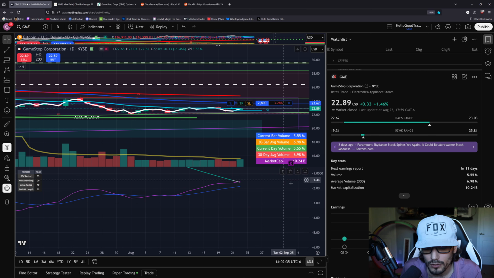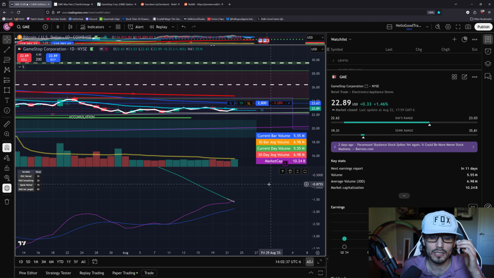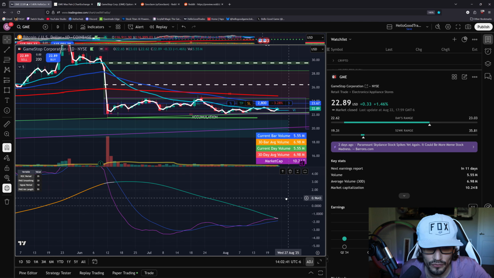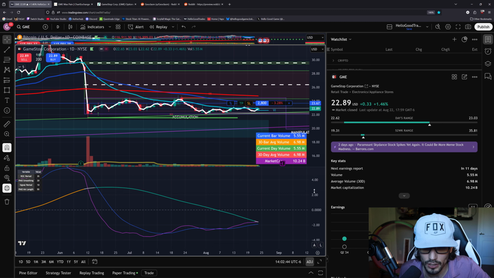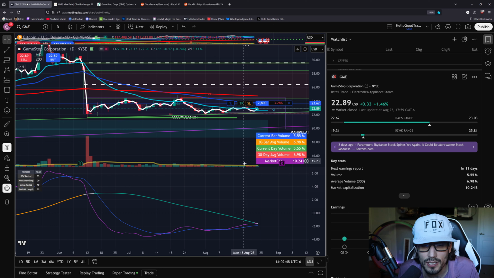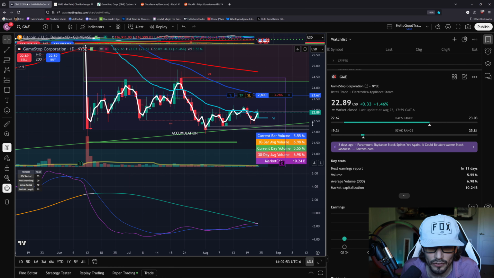However, when we look at the broader market, the S&P was running, the whole market, everything was going crazy, right? So off of the Fed's dovish speech, rate cuts coming in potentially September. We are still in a period of accumulation.